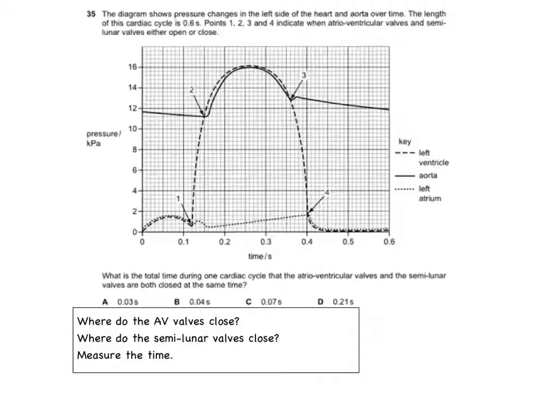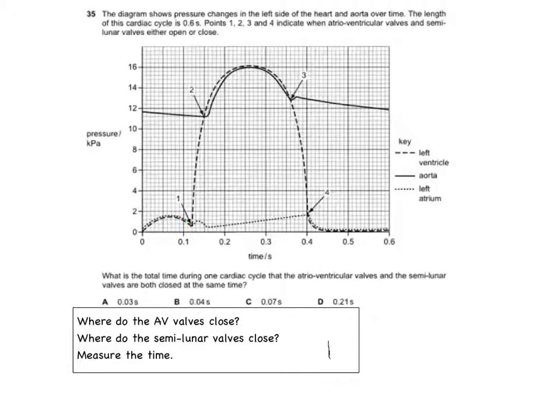Another one of your favourite graph questions. In this one, you're being asked to calculate the total time that the atrioventricular valves and the semilunar valves are both closed at the same time. So your first thing to do is to identify where the atrioventricular valve closes. So the atrioventricular valve closes when the pressure in the ventricle is greater than the pressure in the atrium. So here, at 1.